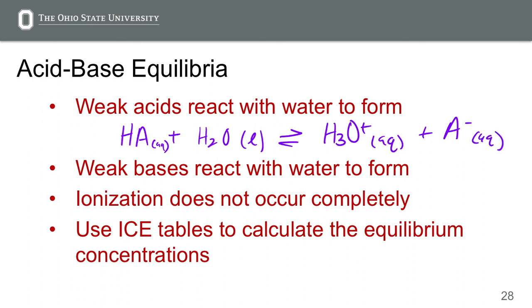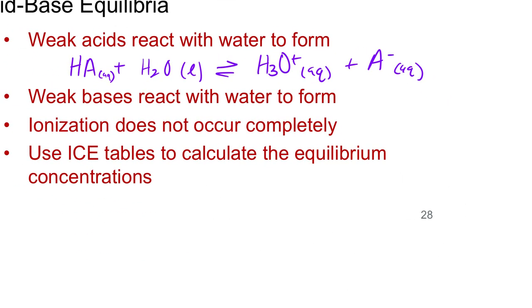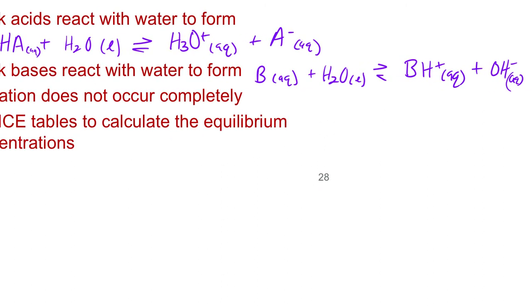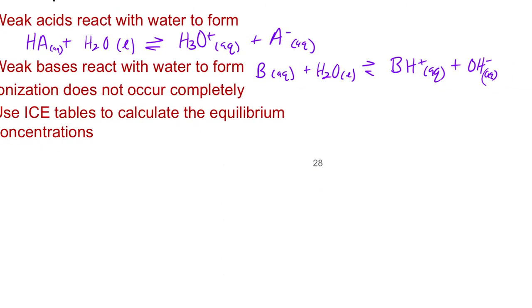Oftentimes we'll see weak bases written as B, I guess for base. They react with water to form a protonated species, BH plus for instance, and hydroxide. So note the difference. A weak acid reacts with water to form acid, H3O plus. A weak base reacts with water to form base, OH minus.